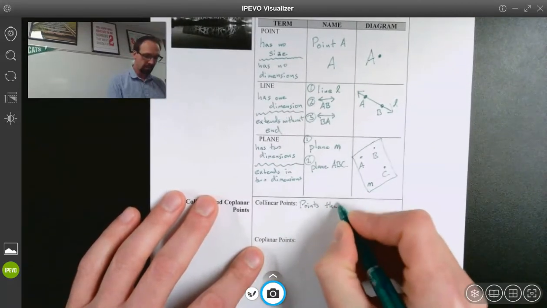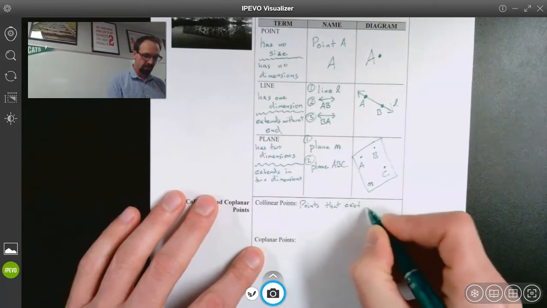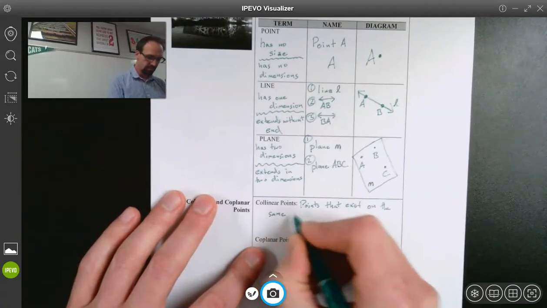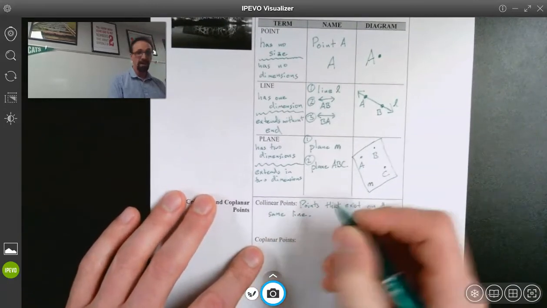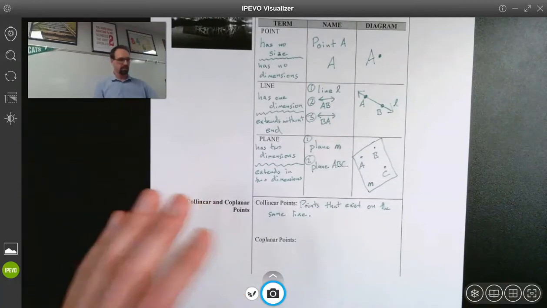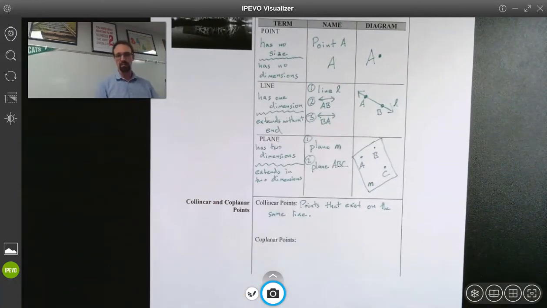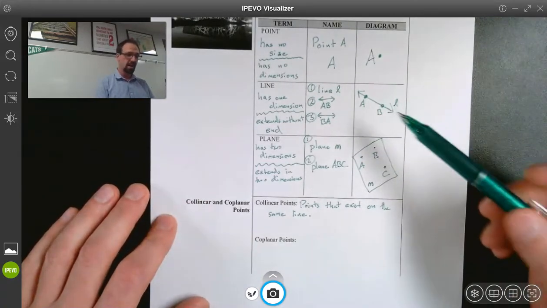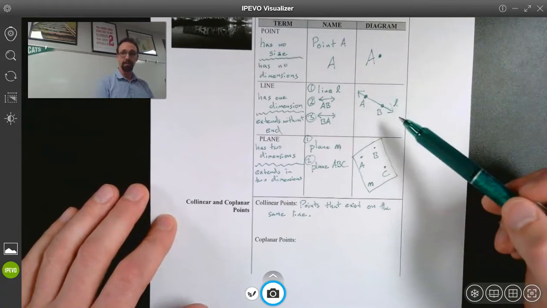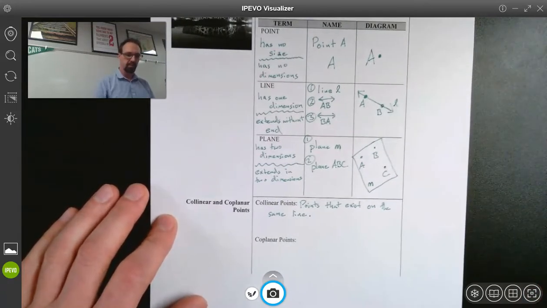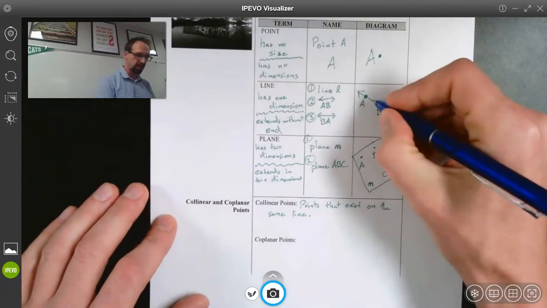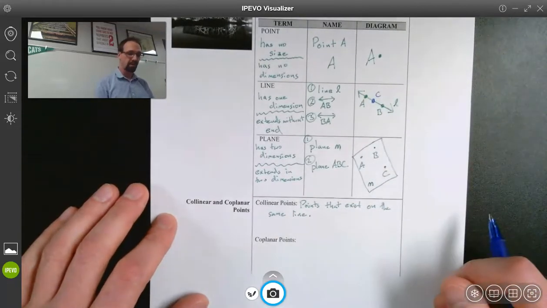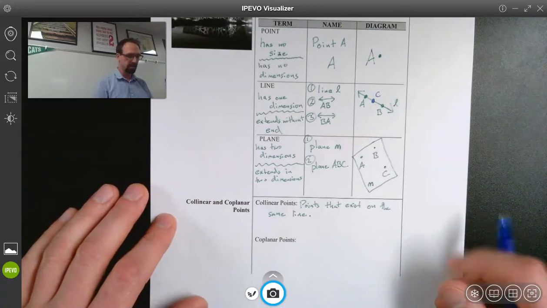In the example that we did up above, I could draw another point that exists on this line, and then those points would be collinear. So if I drew point C, I'm going to use a different color so you can see it better. So point C, so now points A, B, and C there are collinear.